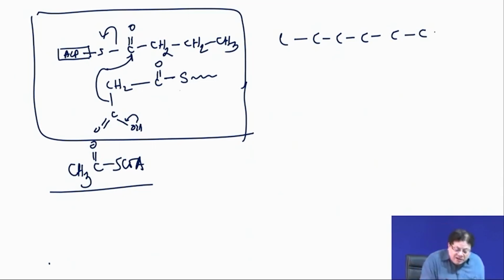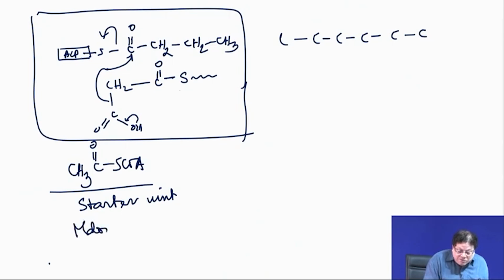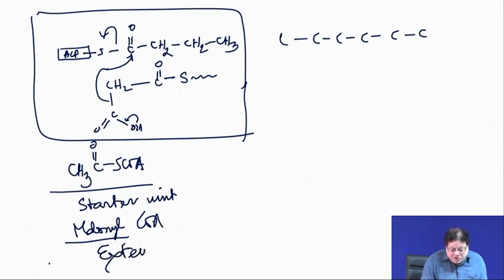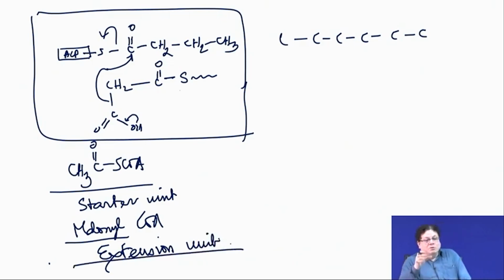So, acetyl CoA is called the starter unit and malonyl CoA is called the extension unit, because two carbons are added from the malonyl system.